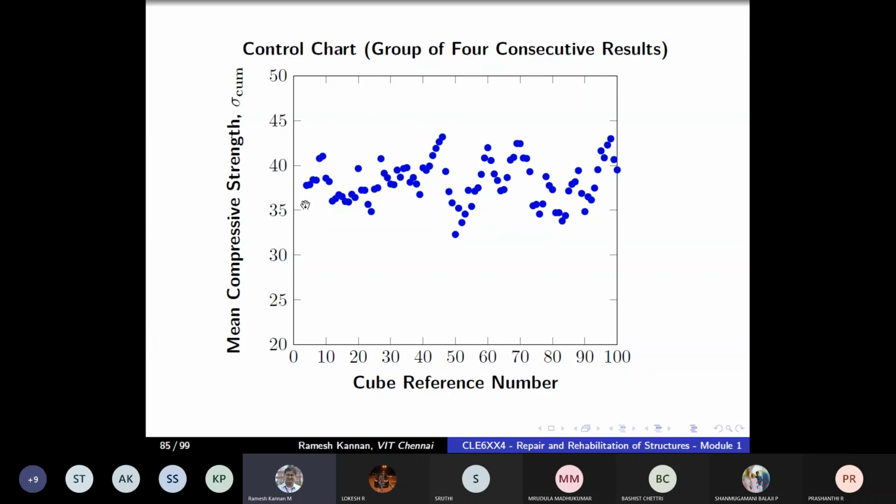This density is like 30 cubes falling in the range close to 40, but this cluster is somewhere less than 35. This cluster also has a mixture with an average of 37, 38, something like that. So that's how you generally take it.